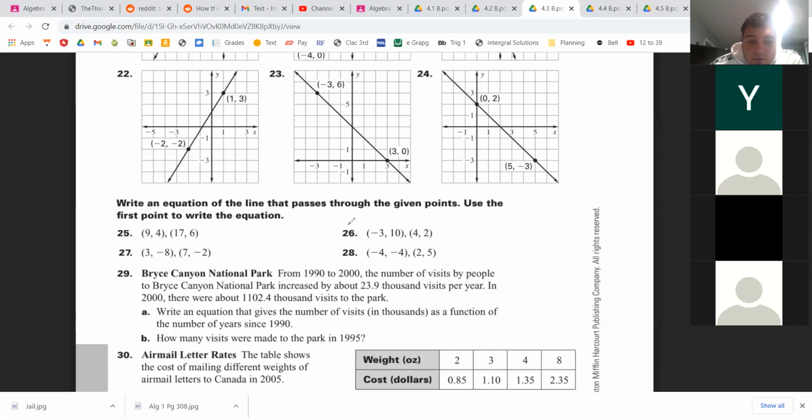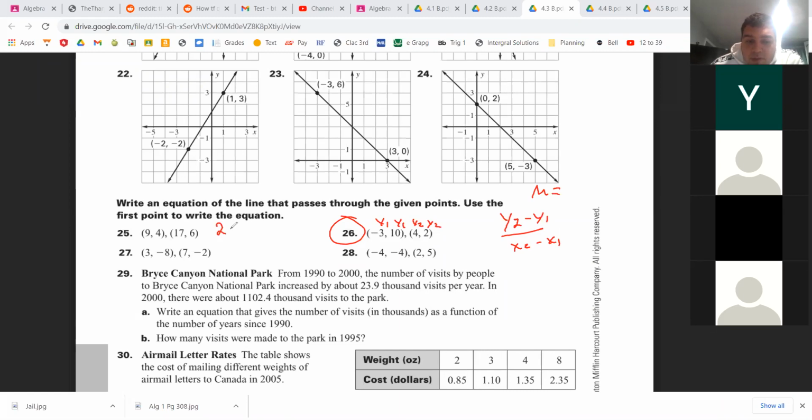All right. So this one, we need to write an equation that passes through the line given the points. If we're doing point slope form, we need a slope and a point. We don't have a slope yet. So we're going to have to do y2 minus y1 over x2 minus x1. I'm just going to call this x1, y1, x2, y2.